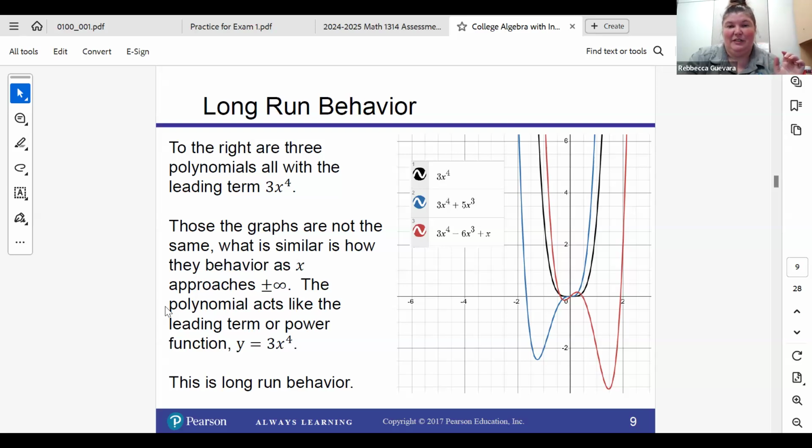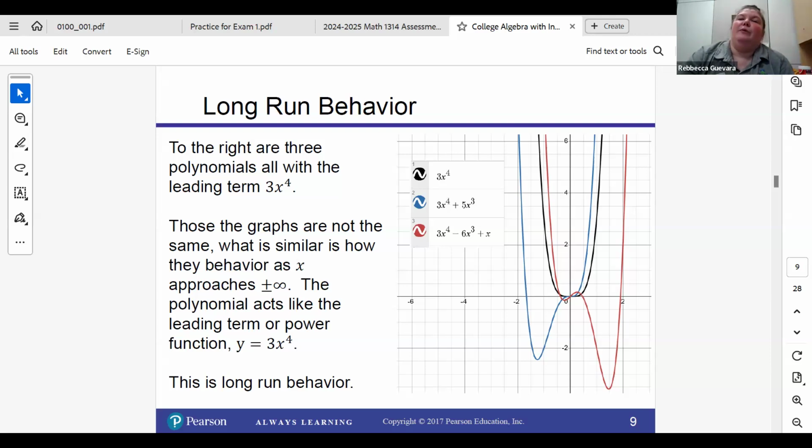But what we're noticing is that as I pan out, eventually out here they start looking almost completely identical. As I keep scrolling out, they look like the exact same graph.